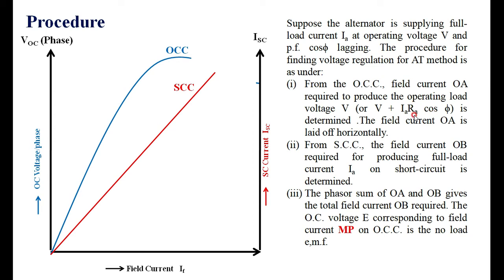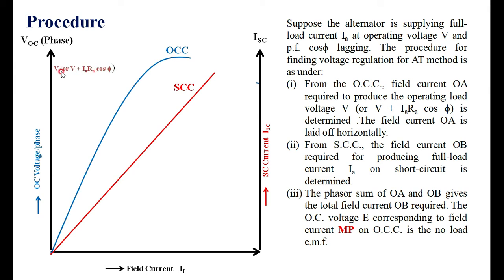If RA is not given, you have to take this whole term as 0, and take only V. In case RA is given, corresponding to V plus IRA cos phi, you have to mark on the open circuit characteristics. I am marking here V plus IRA cos phi if RA is given.